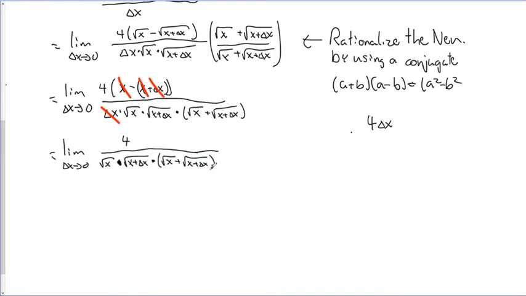Now, I know that that probably doesn't look a whole lot better than the last one, but if I let delta x go to 0, it doesn't make any of these multiplied terms 0, so I no longer have anything undefined.